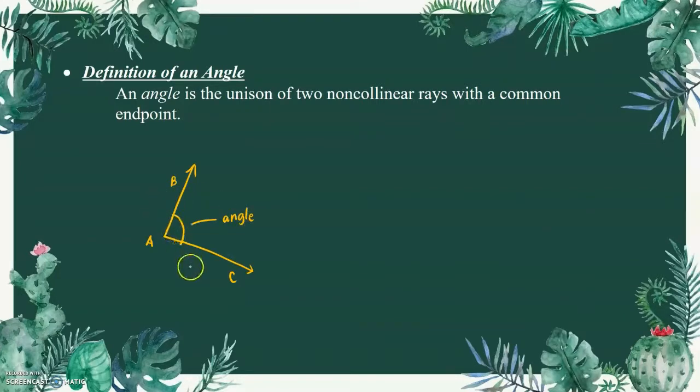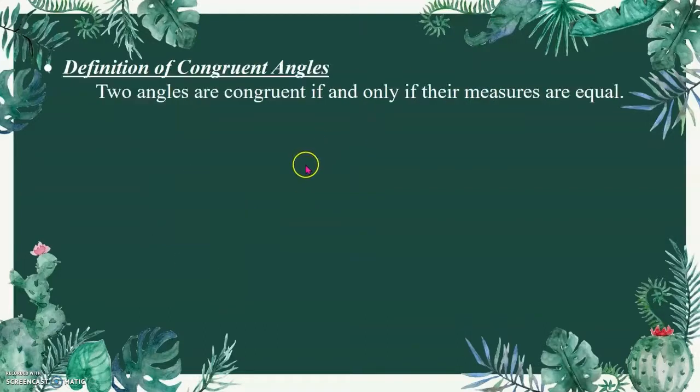Alright? Next. Alright, let's have the definition of congruent angles. Now, two angles are congruent if and only if their measures are equal.